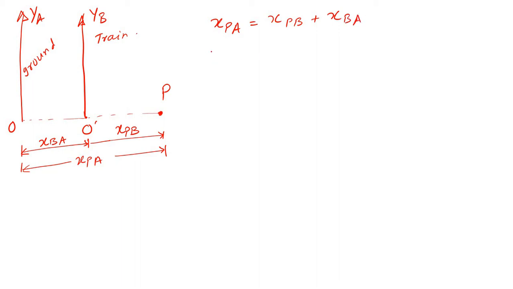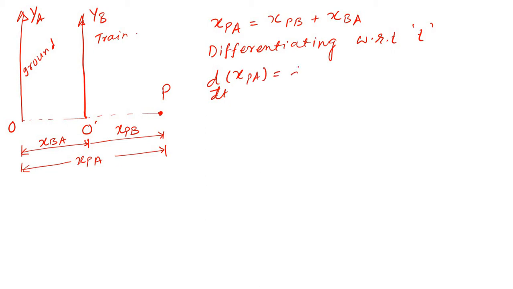If we differentiate with respect to time, dx by dt is nothing but the velocity. So we get d by dt of XPA equals d by dt of XPB plus d by dt of XBA.